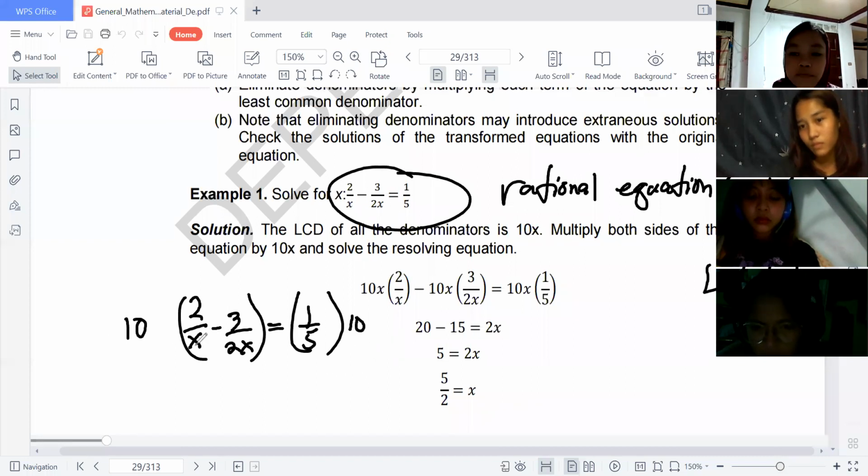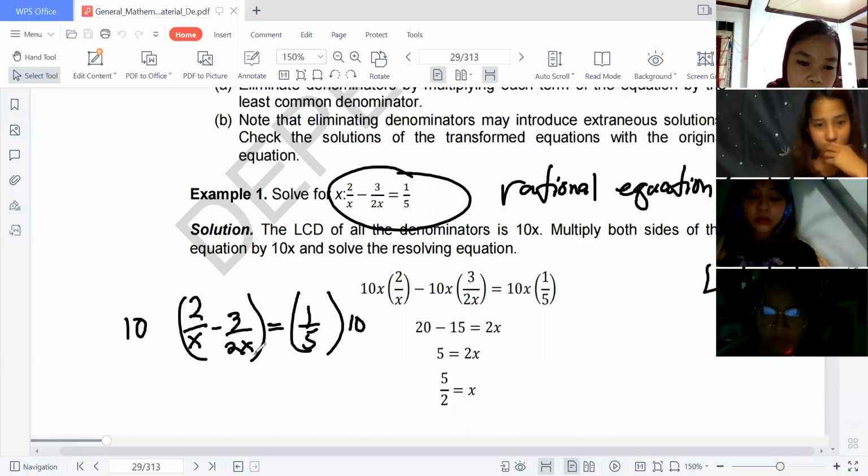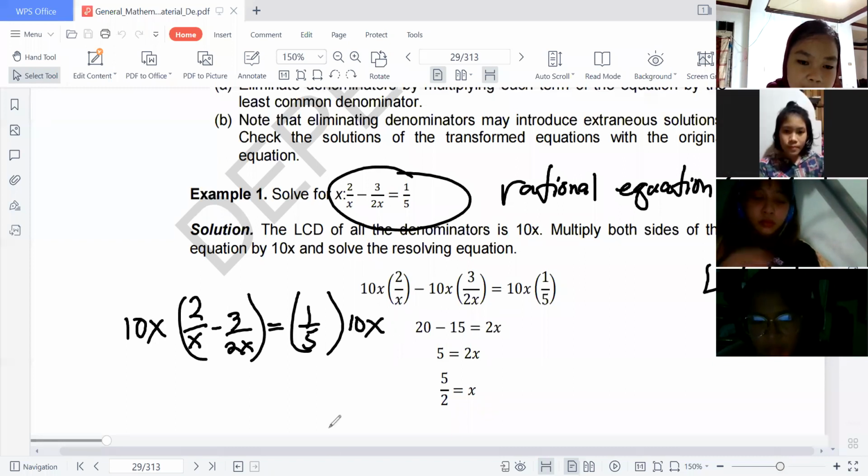And remember, we also have x. It is easy for variables: you just look for the highest exponent. The exponent here is 1. The exponent here is also 1. So what you will do is multiply by x. But in case there is an x squared, you will multiply by x squared, because as I mentioned, you get the highest degree of the exponent.